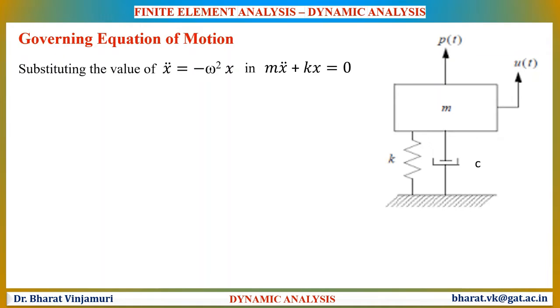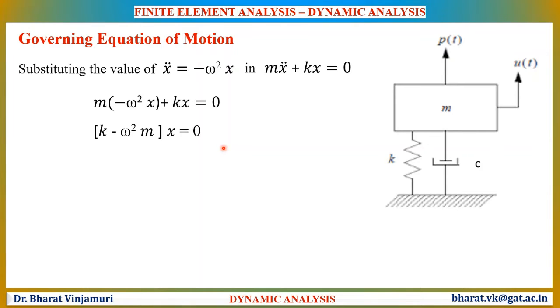Substituting the value of x double dot, that is the acceleration, in the equation m x double dot plus k x equal to 0 will result in the governing equation of motion for a spring mass system without damper as well as without external force, and this equation is given by k minus omega square m multiplied by x is equal to 0.